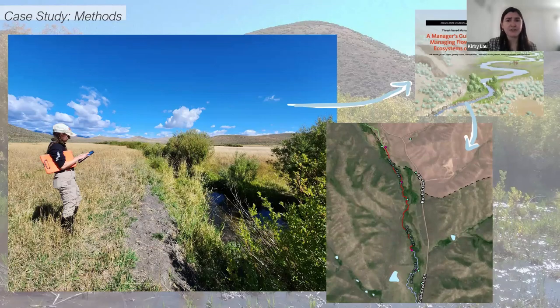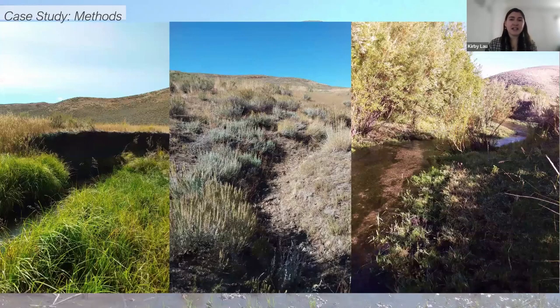And dividing streams into small segments like this can help us assess functionality at a management scale. And so this is really suitable for determining your next restoration project by helping us pinpoint exactly where restoration actions might need to occur. So we divided into reaches. And then as we walked those reaches, we noted points of interest for each reach, took at least 3 photos showing its typical appearance, and took notes on its various attributes.